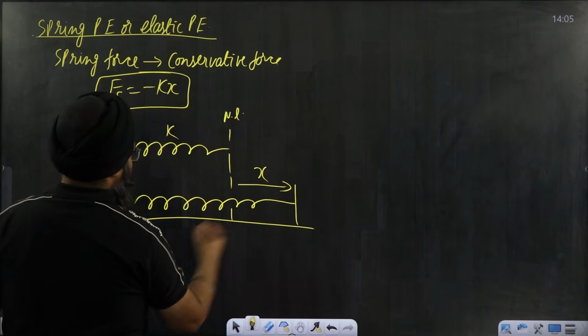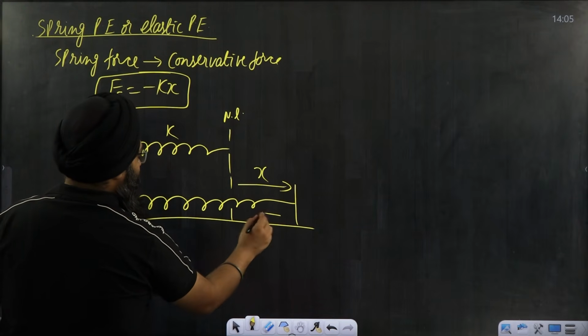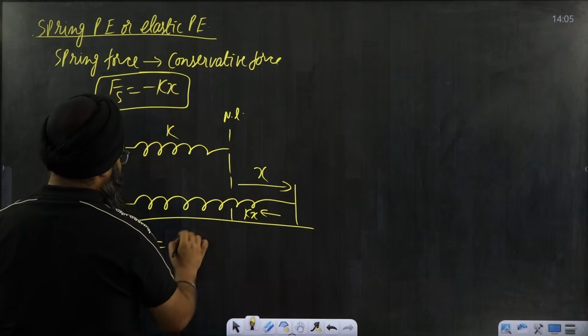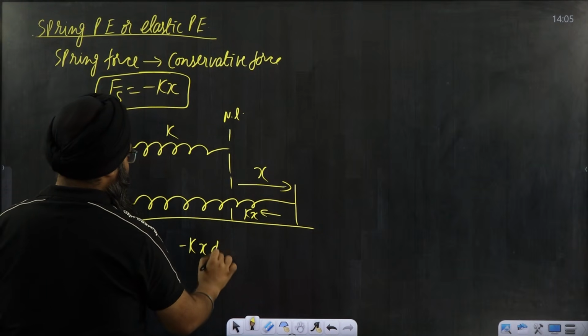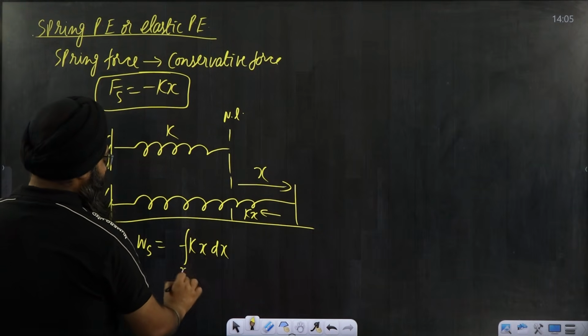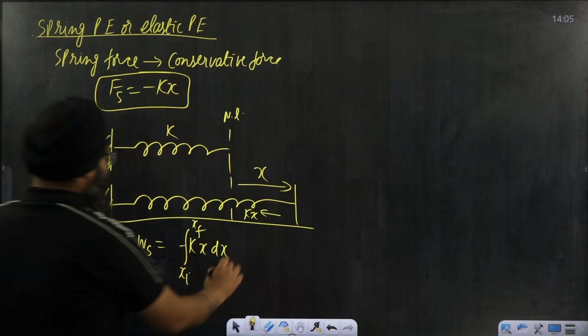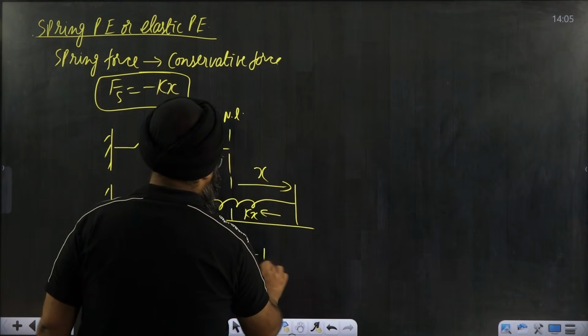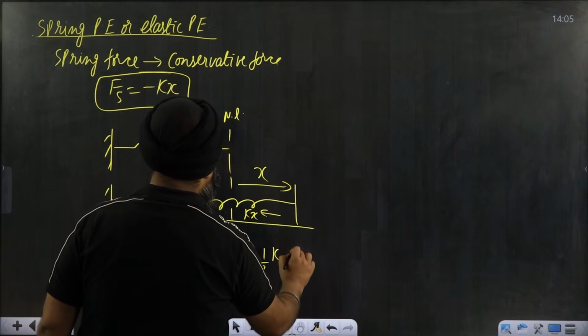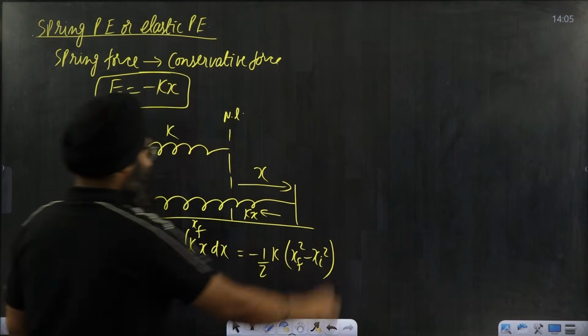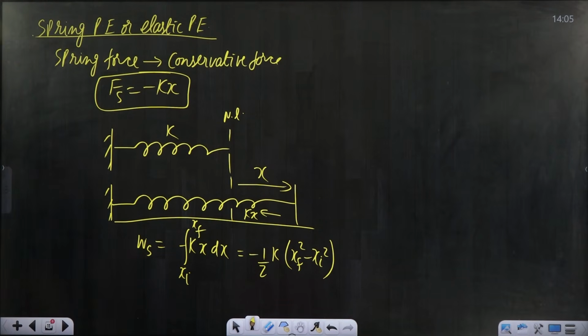The spring force kx is acting backward, while displacement is in the right direction, so it will be minus of kx into dx, from x initial to x final. So I will write it as minus of half k into x final square minus x initial square. This is basically the work done by the spring.